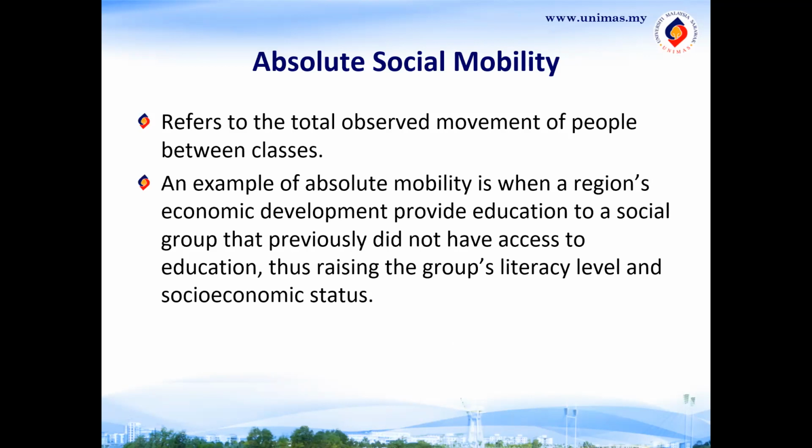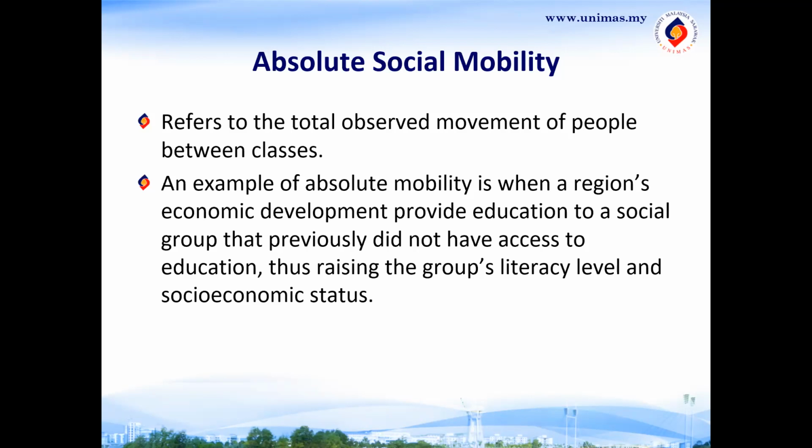Dengan adanya sistem pendidikan dan sebagainya, people have access, compared to people in the past who did not have any access to education. So through provision of educational facilities, mereka ni dapat meningkatkan tahap literacy kumpulan tersebut, dan juga eventually dari segi socio-economic status mereka.